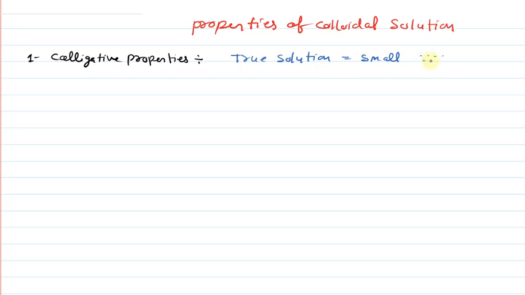But in colloidal solution, the size of particle is large, because the particles of true solution may combine and form large colloidal particles. When these particles combine and form large particles, the number of particles becomes less.